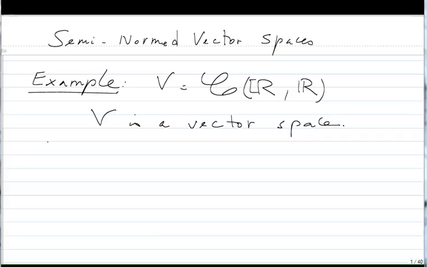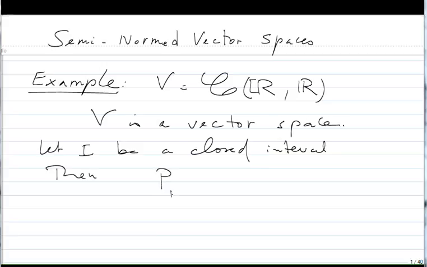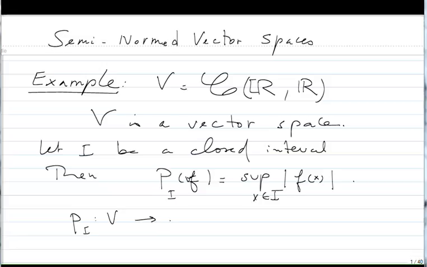And if we let I be a closed interval, or any compact set in fact, then we can define the quantity p_I of f to be the sup of |f(x)| when x belongs to I. This sup is very well defined because your function is bounded on I. It is clear that the function p_I, which is defined from V into the positive numbers, has all the properties of a norm, okay?